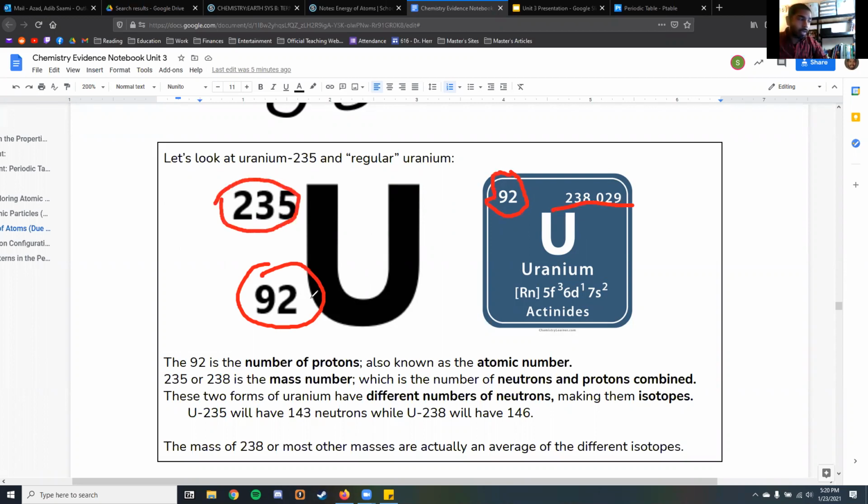Now, to figure out the number of neutrons, all you typically do is subtract these two numbers. And so normally, uranium has 146 neutrons, but an isotope of uranium could have 143 neutrons. And that can make all the difference. Uranium 235 is, I believe, refined uranium, and that's the stuff you find in nuclear weapons. And so that's a pretty big difference.